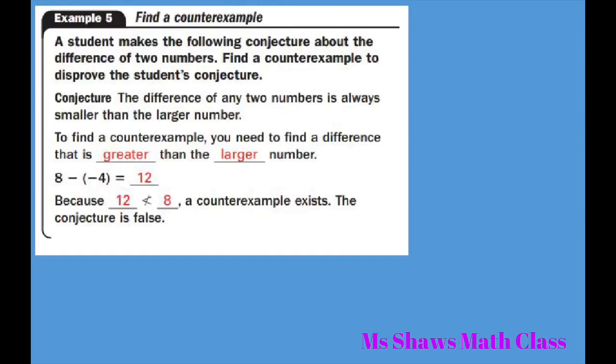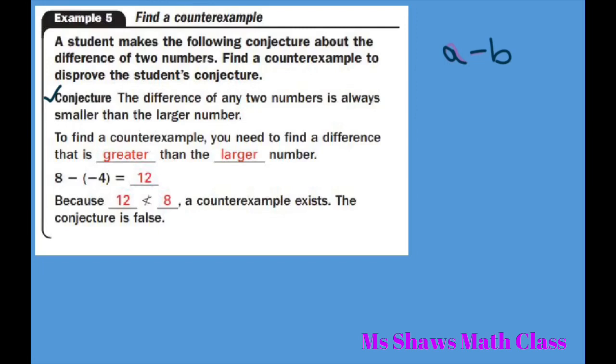The student makes the following conjecture about the differences of 2 numbers. So her conjecture is the difference of any 2 numbers is always smaller than the larger number. So the difference of 2 numbers, that means A minus B, is always smaller than the larger number.